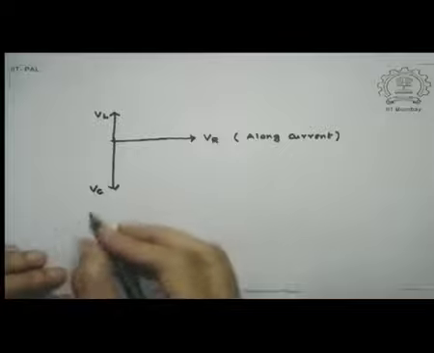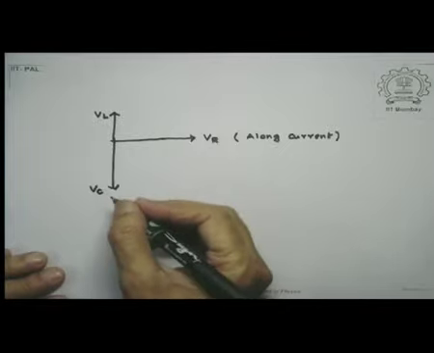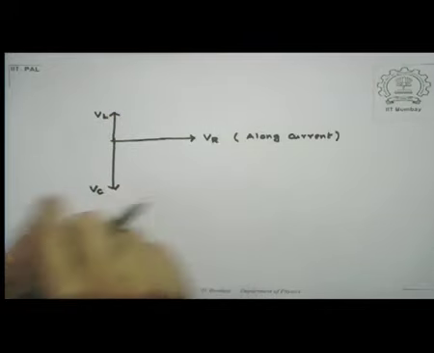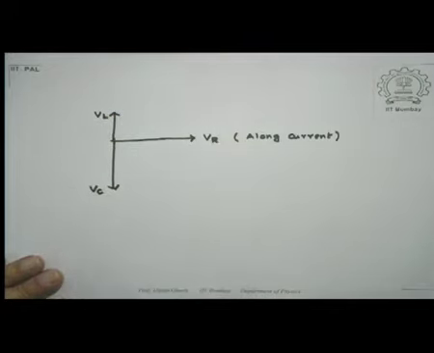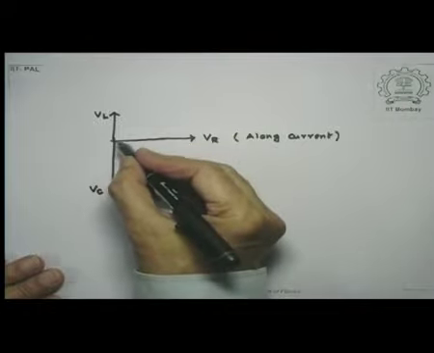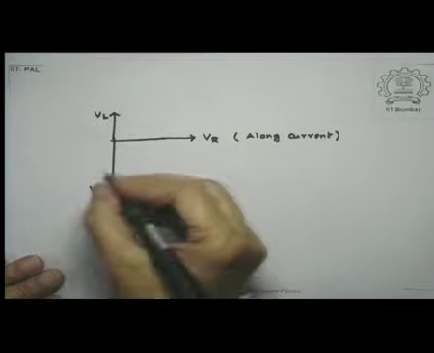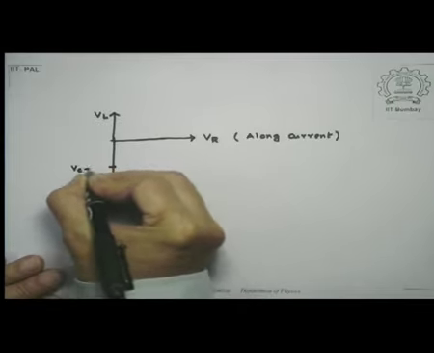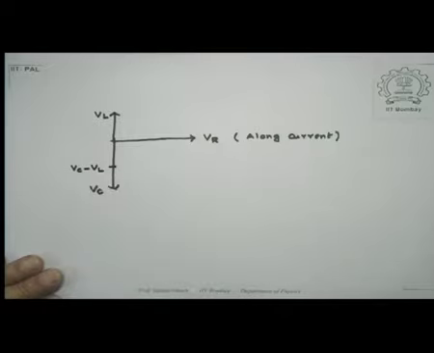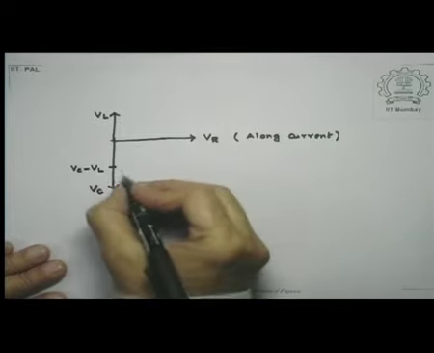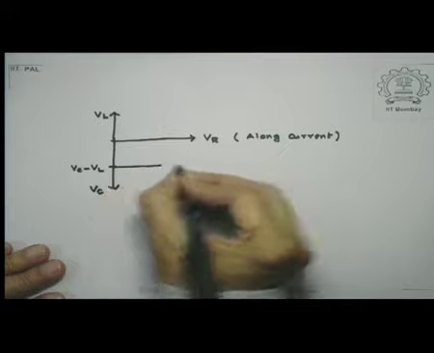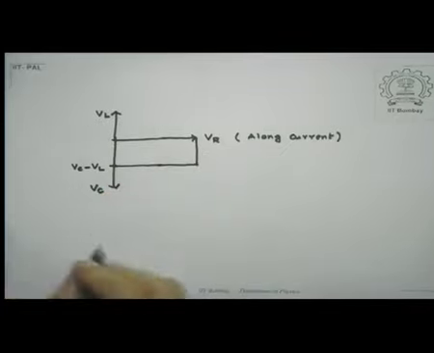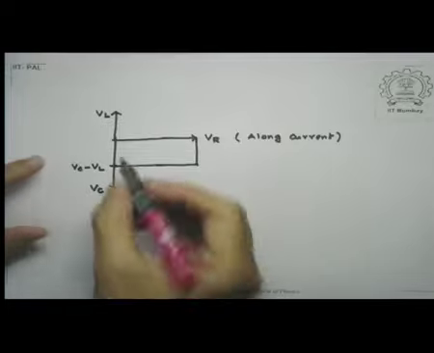Now, the net voltage due to the inductor and the capacitor, because they are aligned oppositely, would be obtained if I subtract VL from Vc. So this would come, let's say, here. So this is Vc minus VL. Now what I do is this: if I complete this parallelogram, then this would give me the direction of the source voltage.